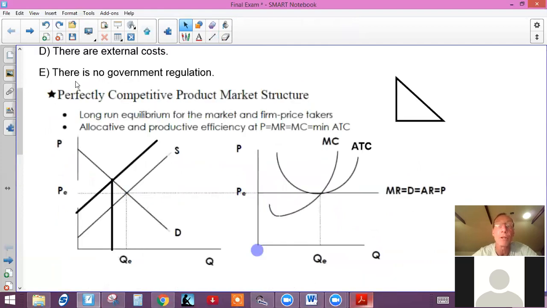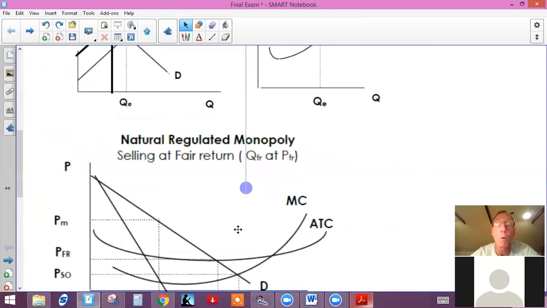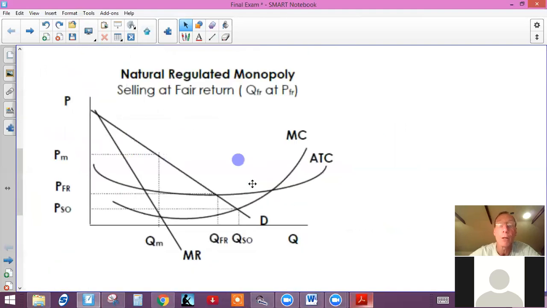So this helps you review. When would you have a government regulation in order to get to a point of productive efficiency, which would be right here, where average total cost equals price, or what they're calling fair return in this graph, which means they're productively efficient.